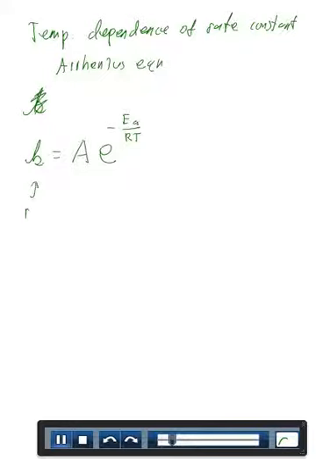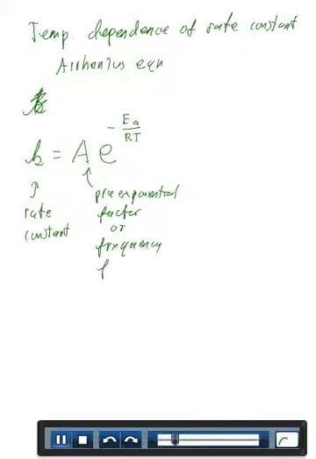k is the rate constant that we've seen before. A is called a pre-exponential factor, or sometimes the frequency factor, and it has to do with the probability that a collision will result in a chemical reaction.